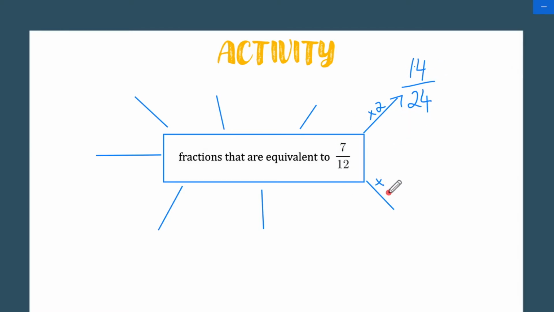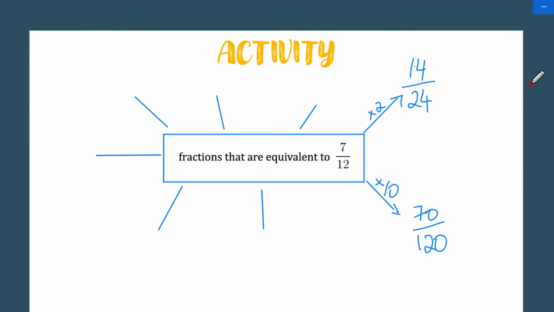Okay. Let's multiply by any other number you would like. Let's do 10. 7 multiplied by 10 is 70. 12 multiplied by 10 is 120. And that's it. You can pause the video and do a few more examples.